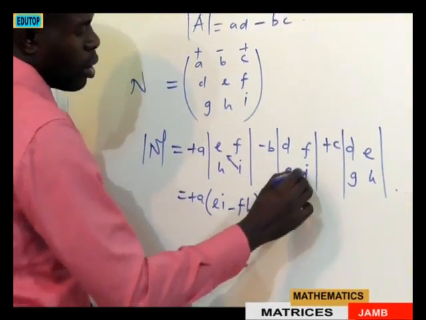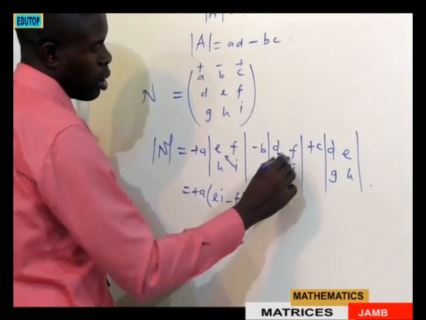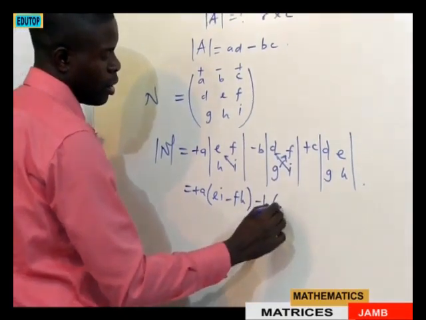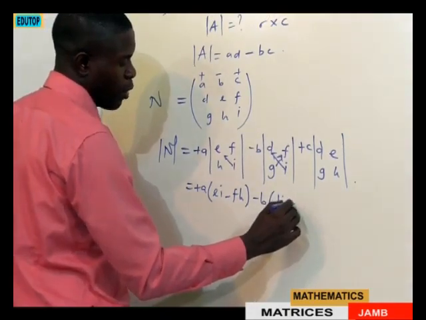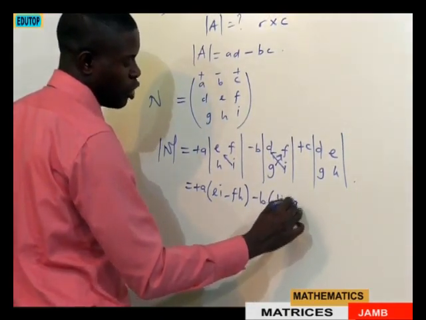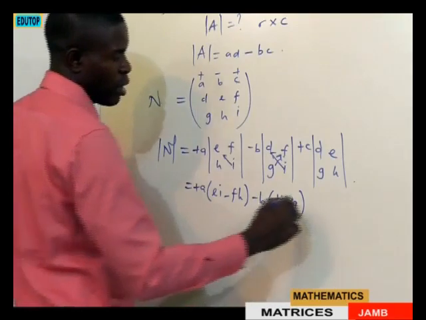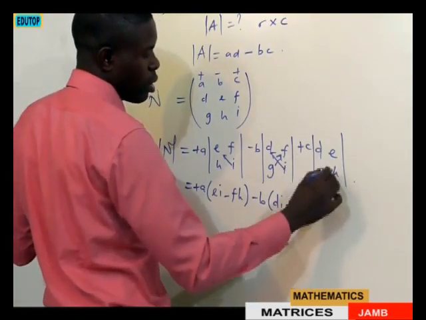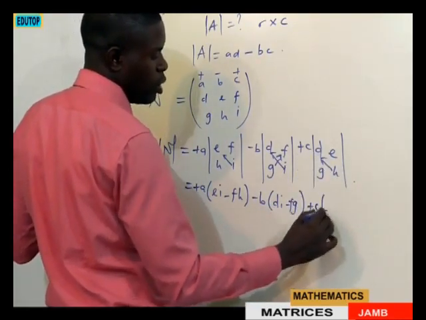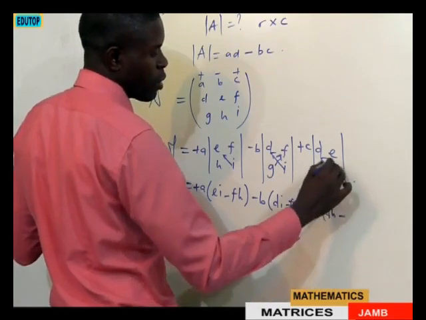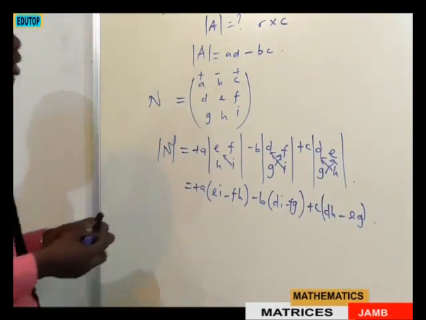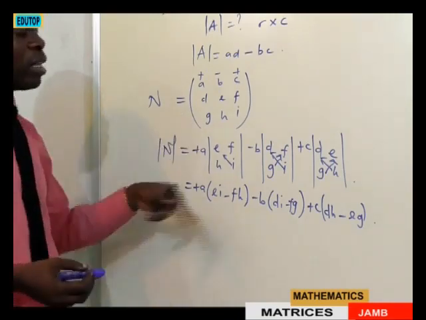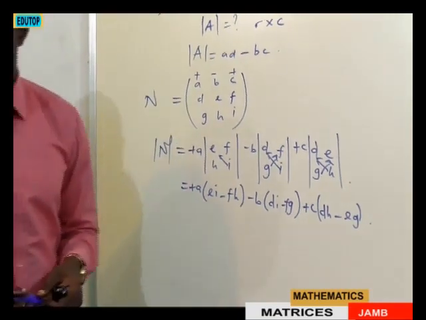Minus B, that is DI minus FG. We do that. Then plus C, DH minus EG. So this is how to determine the determinant of a 3 by 3 matrix.